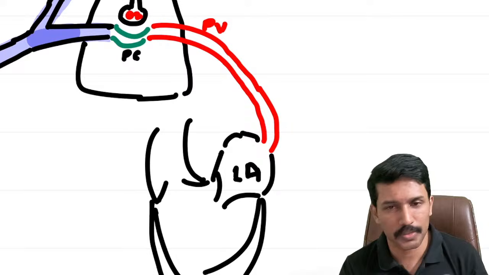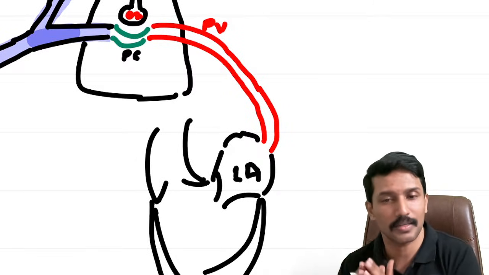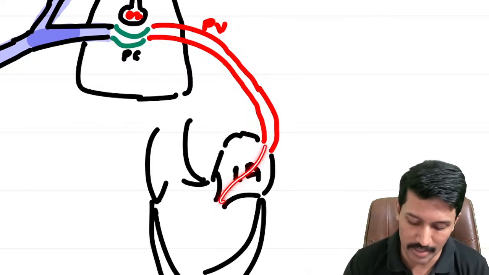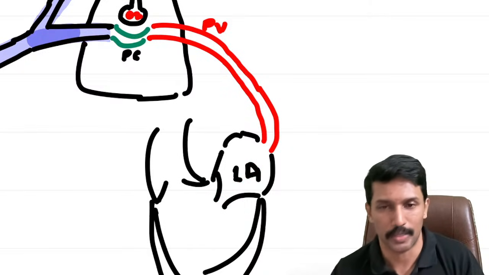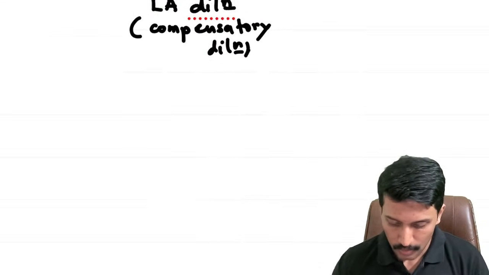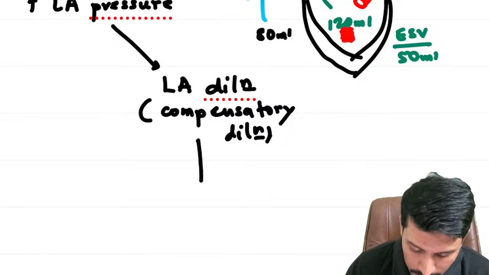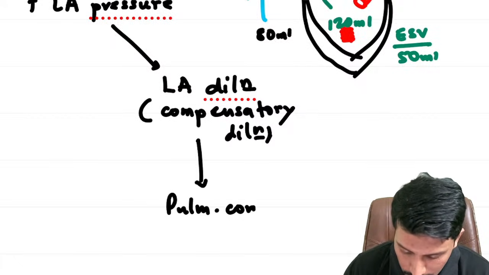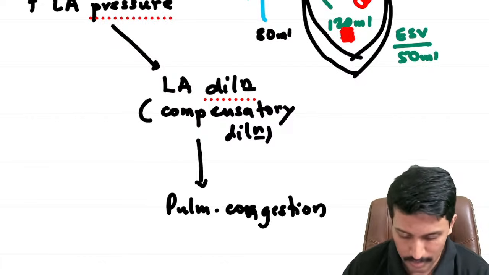If you remember from yesterday's lecture, the most common cause for pulmonary hypertension is left heart disease. And this is one classical example. So the problem that started here will eventually end in the pulmonary artery. Eventually the right heart will also fail. Right. So we can write this down. So compensatory left atrial dilatation will eventually lead to pulmonary congestion, because the pressure keeps rising till it reaches the pulmonary capillaries.